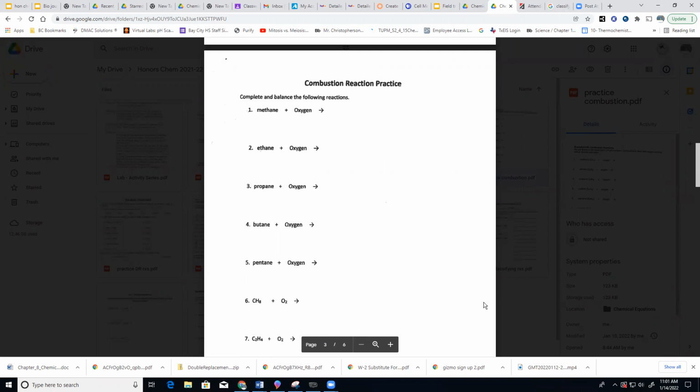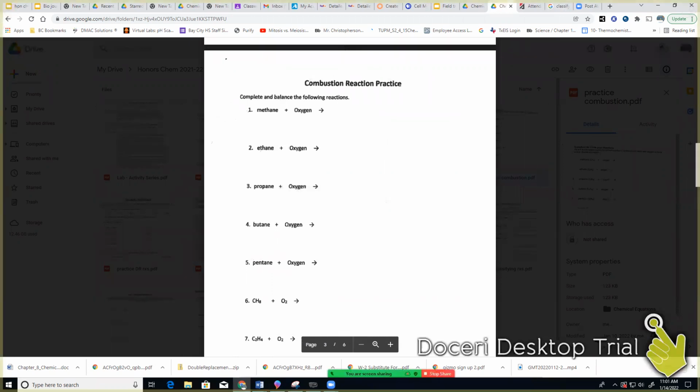All right, we'll look at number 2 first. So I'm going to tell y'all what ethane is because I know I don't have it memorized. There's ethane. So I want you to start there and see if you can get that to be a balanced equation.